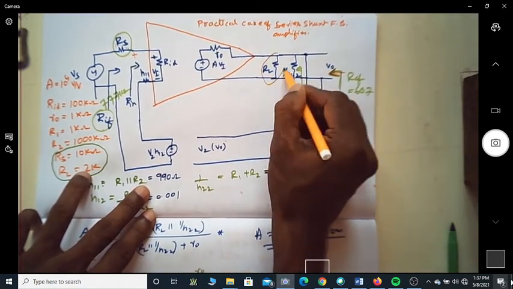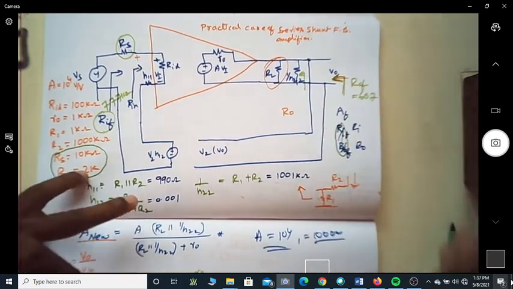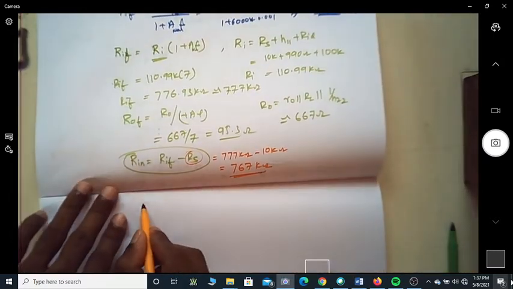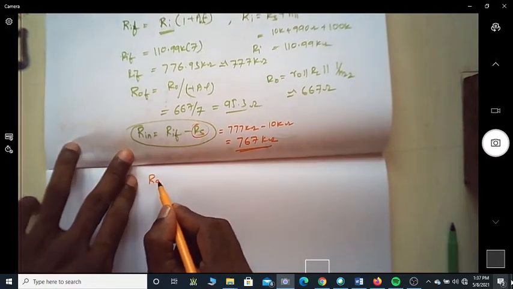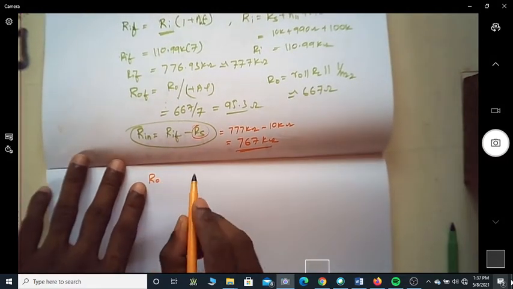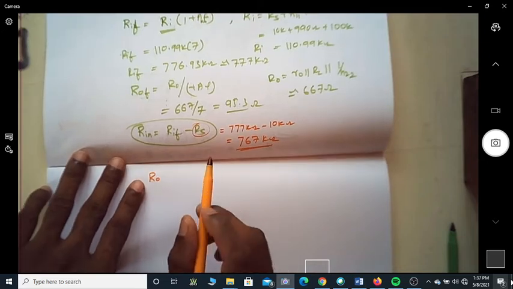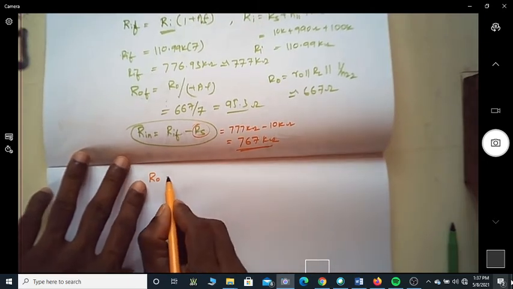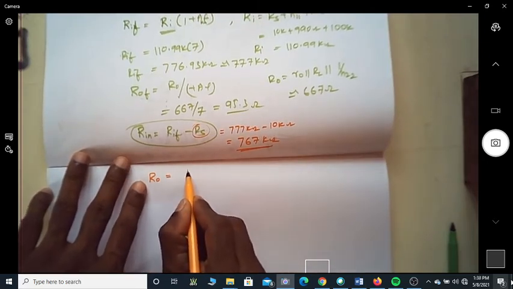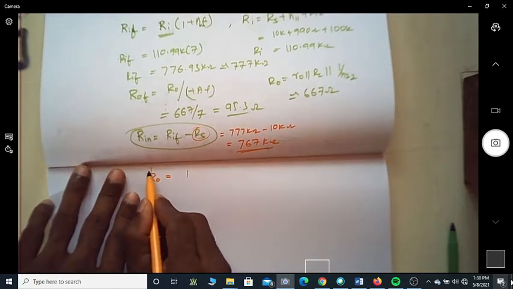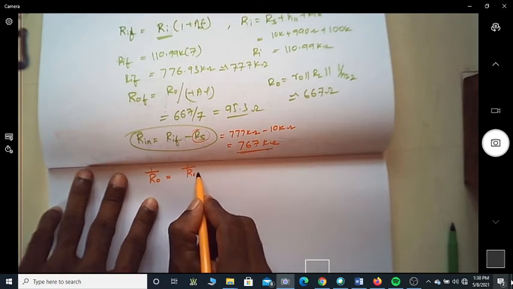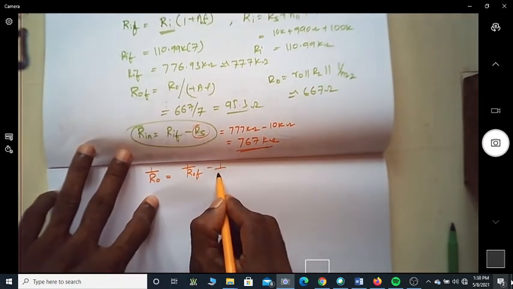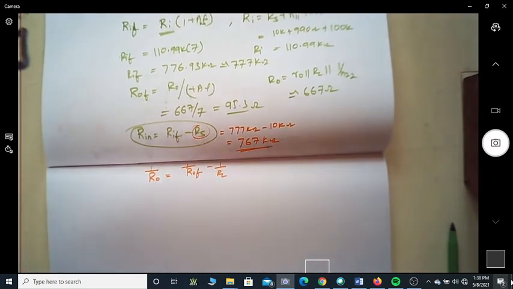So I need to take out the impact of RL, meaning R O, the output impedance of the network after feedback excluding the impact of RL. If I write it, 1 over R naught is equal to 1 over ROF minus 1 over RL.